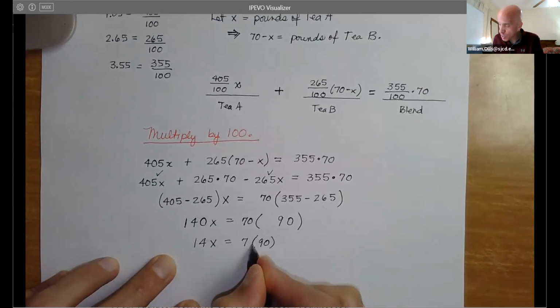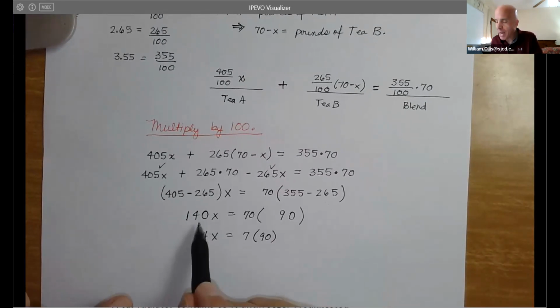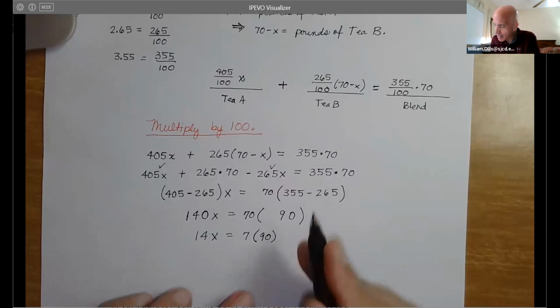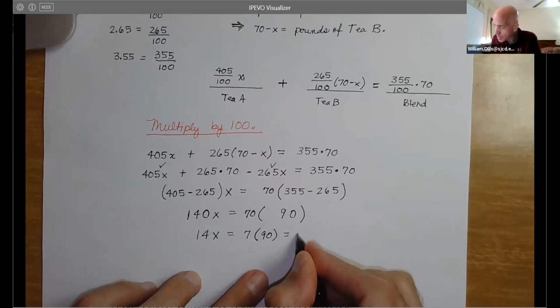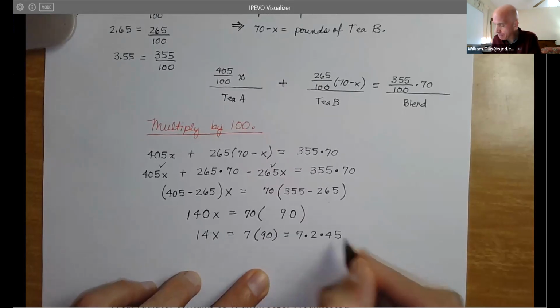You're thinking I could use a dot, but since I'm using the parentheses now, just remember when we divide by 10, since this is a product, we can only divide one of the factors by 10. So be careful, it's easy to make that mistake. And now we're thinking, all right, well, we're almost done here. We've got a 2 in the 90. So let's go ahead and write this as 7 times 2 times 45 because we're lazy.